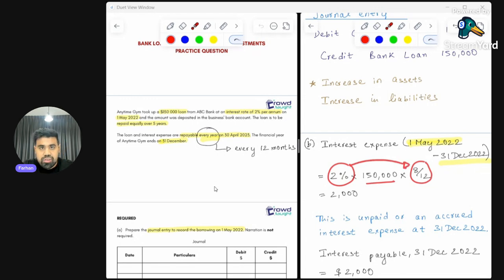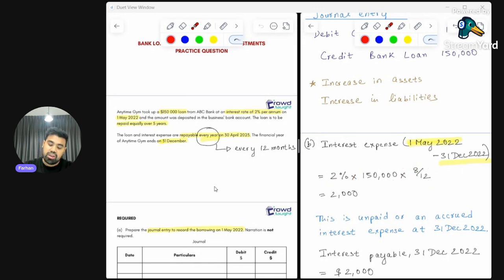Because in the year 2022, the loan was taken on 1 May 2022. So it makes sense to calculate the interest expense for the 8 months starting 1 May 2022 and ending 31 December 2022. So this multiplication of 8 over 12 further adjusts the 2% annualized rate into an 8-month number.